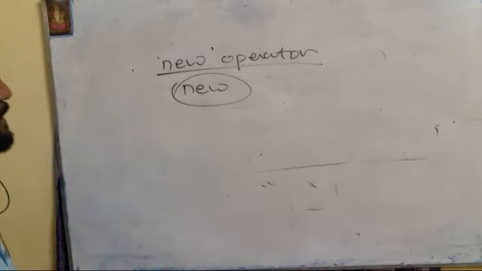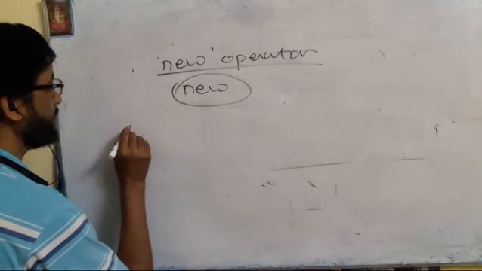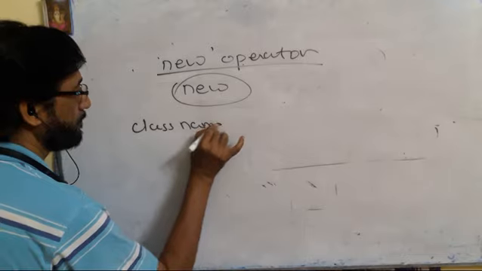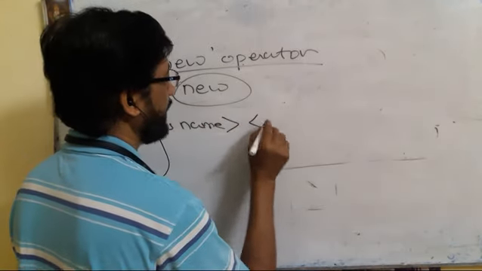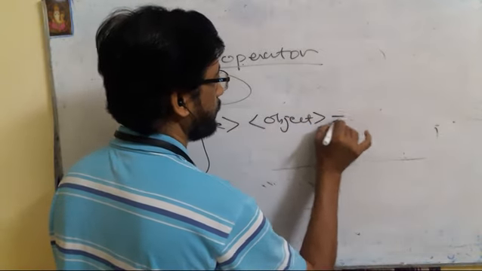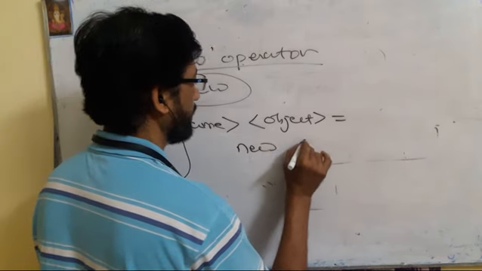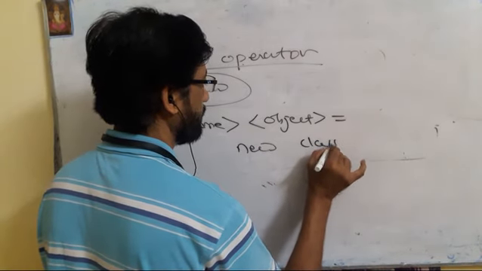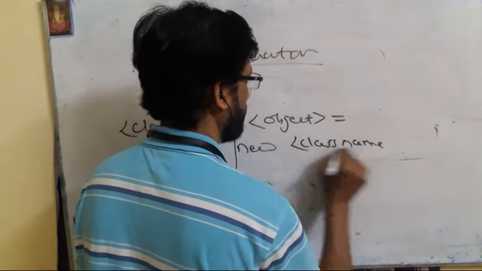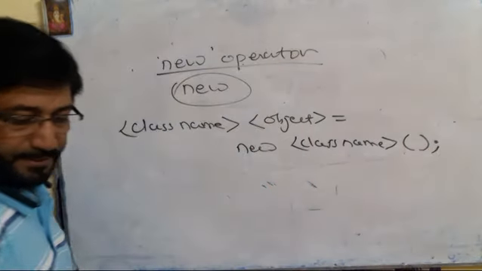Let's see the syntax of the operator new. You have to write the class name, then the name of the object is equal to new, operator new, then the class name in the brackets. This is the syntax of creating an object.